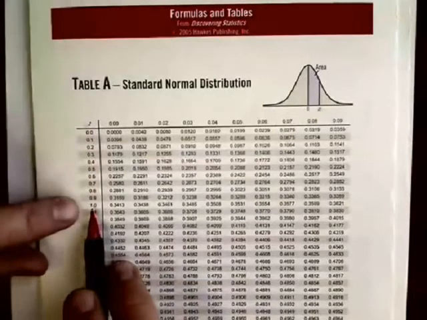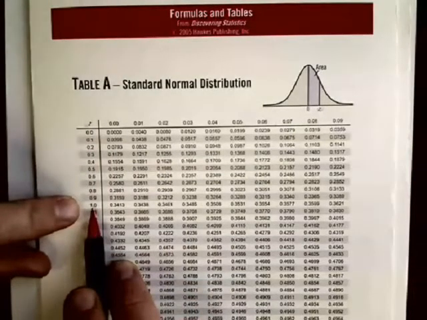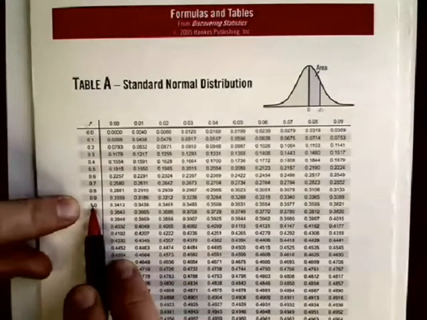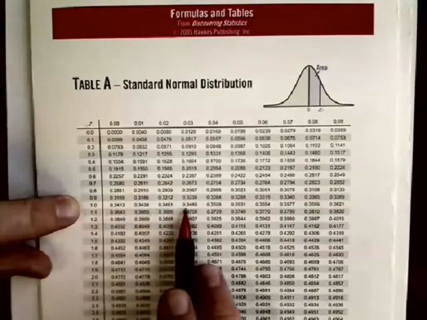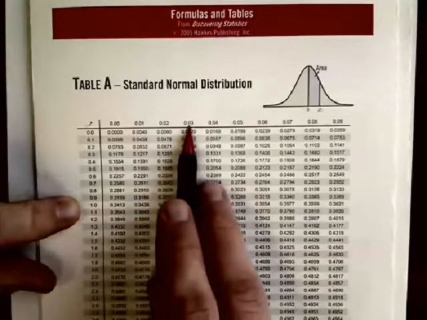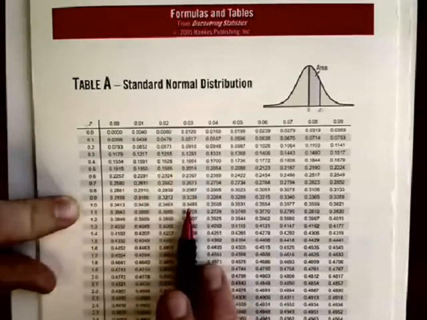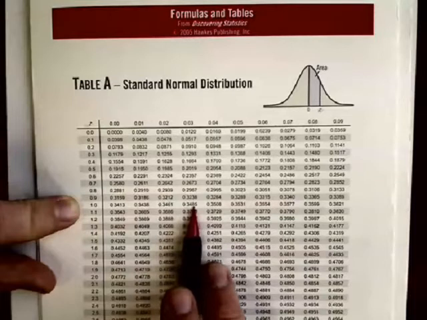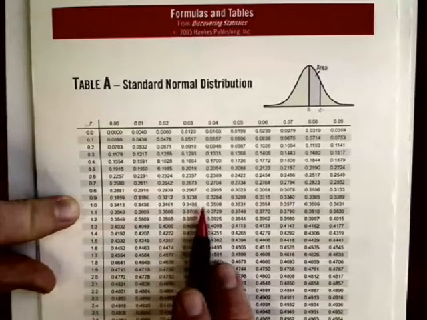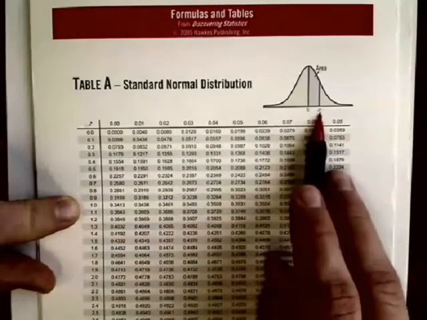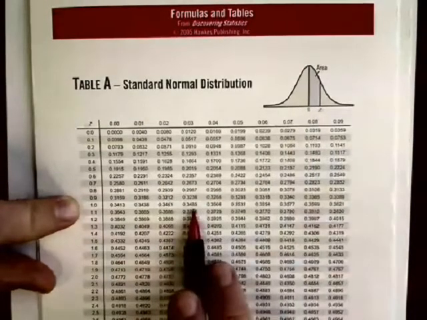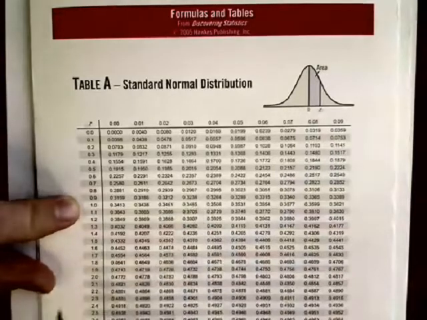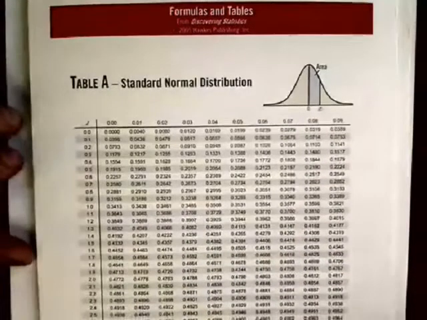Say I'm looking at the area between 0 and 1.03. Okay, so I'll scroll down here to 1.0, come across to 0.3. That matches up with this column here. And so the value that I see is 0.3485. Okay, it says the area between 0 and 1.03 is 0.3485. That's how I read table A.